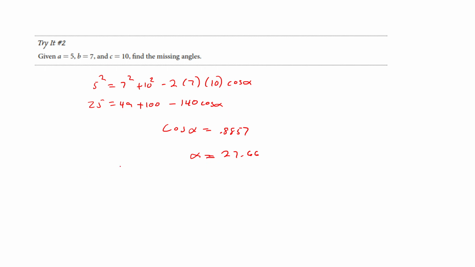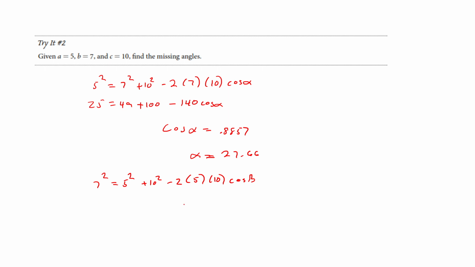Okay, we could do this again to find beta, for instance. So let's do 7 squared. So I've got 49 minus 25 minus 100 divided by negative 2 divided by 5.